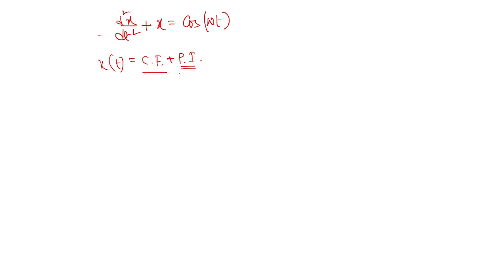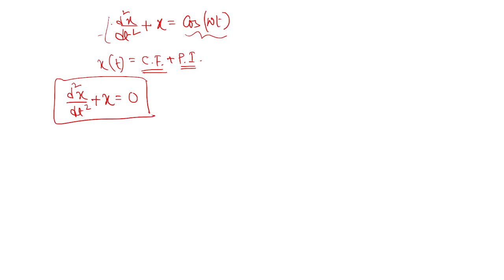How do we get them? The complementary function we get from the homogeneous part of this equation. If the right hand side is 0, this is the homogeneous equation for the corresponding inhomogeneous equation, and if we solve it, we get the complementary function.